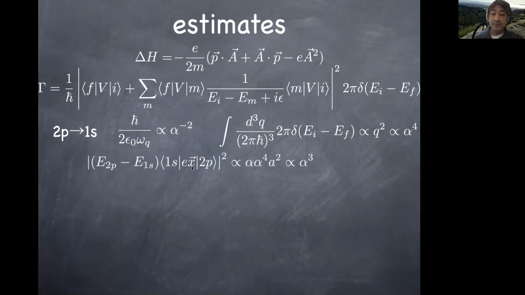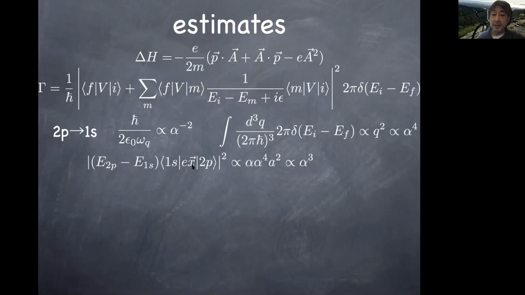Finally, there is another factor we need to get from this matrix element squared. The matrix element is the matrix element of the dipole operator together with the energy difference. Remember, we rewrote P over m using the commutator of X and H naught. The H naught piece gives you this energy difference, and X is what remains in this matrix element. And just to count the powers of alpha, this matrix element is basically of the order of the Bohr radius.